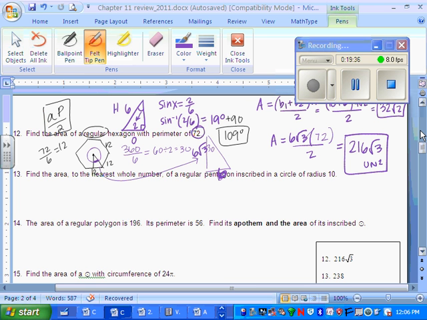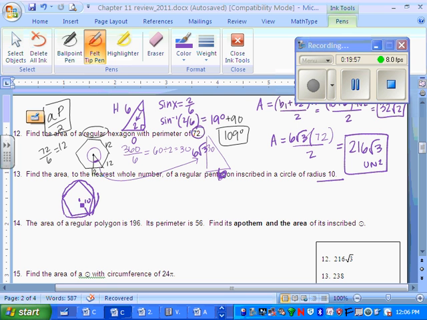Number 13, find the area to the nearest whole number of a regular pentagon inscribed in a circle with a radius of 10. The pentagon is inscribed in a circle, so the circle goes around it, touching each corner. The radius is 10, so there's my 10.